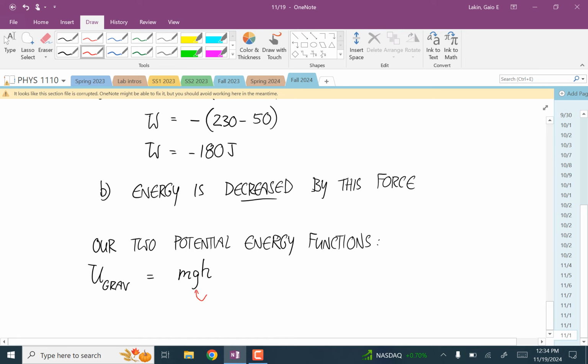Remember that g is positive 9.81. When we want it negative, we just put that in ourselves, and that's just to give it a direction. And h.